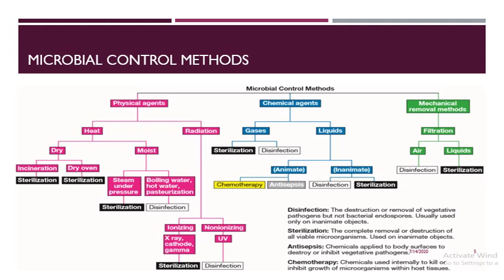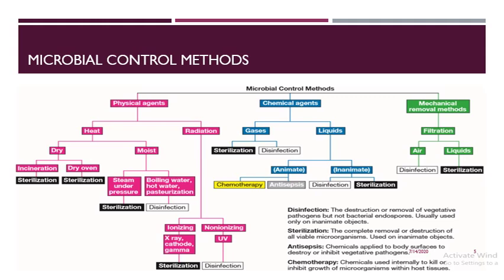Then class, you also see chemical agents. Chemical agents are divided into two categories, gases and liquids. Liquids are also further subcategorized into animate and inanimate categories. Animate means those liquids which are used on living tissues.